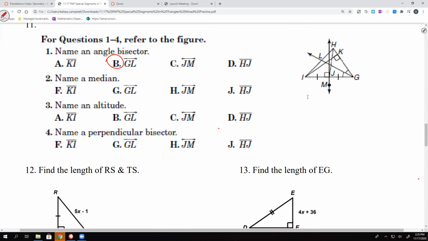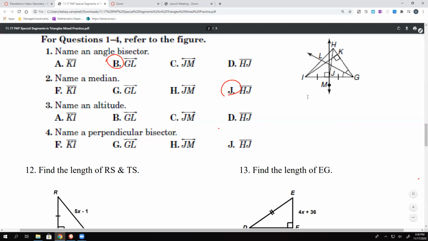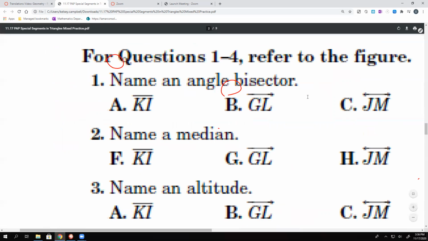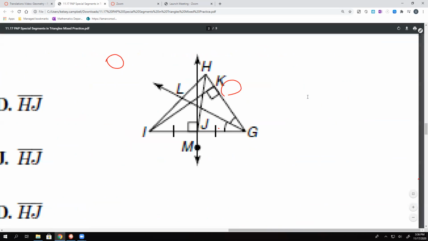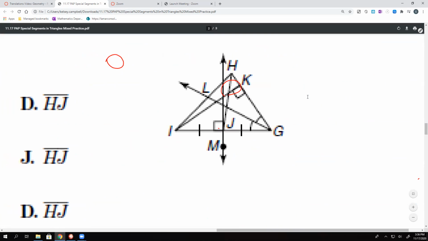Why wouldn't it be GL? With GL, we don't see that it's bisecting this side over here. You don't see tick marks there. If it has ticks, it'll be a bisector. So you have to look carefully at this picture.